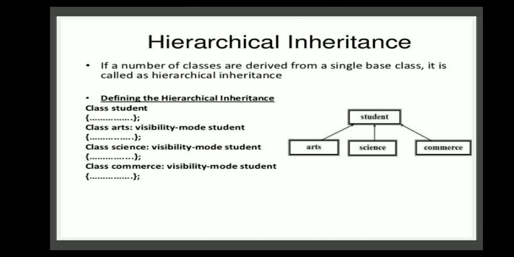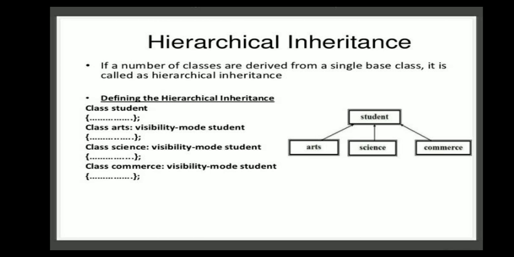Let's see how to define the hierarchical inheritance format. First, class student. We can write the data members and member functions inside the class. Then class arts. This class arts can derive the entire features from the student class. So how can we derive? Class arts colon visibility mode then followed by student.